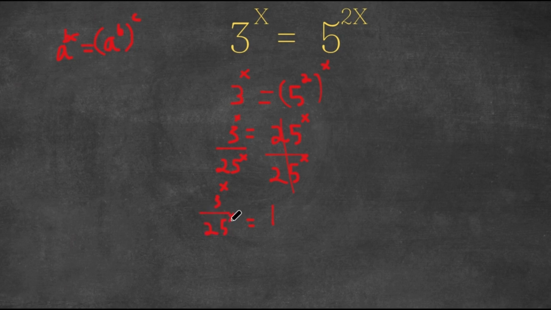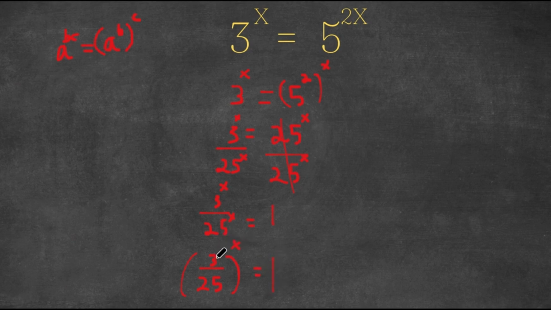Now, whenever we have something like this, where our numerator is going to the power of an exponent and our denominator is going to the power of the same exponent, we can rewrite this as 3 over 25, to the power of x, equals 1.